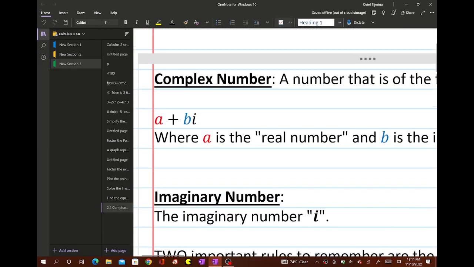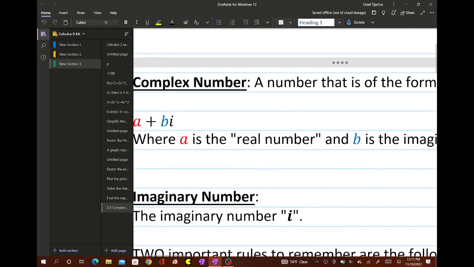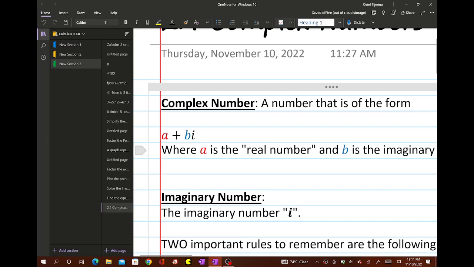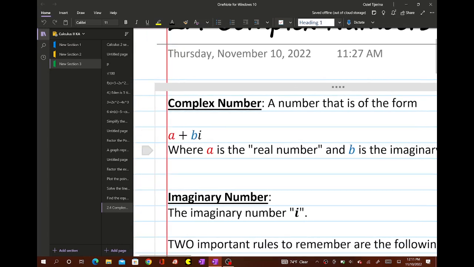So a complex number is a number of the form a plus bi, where a is the real number and b is the imaginary number.